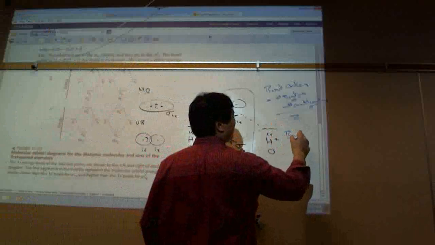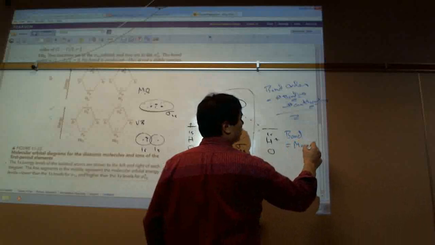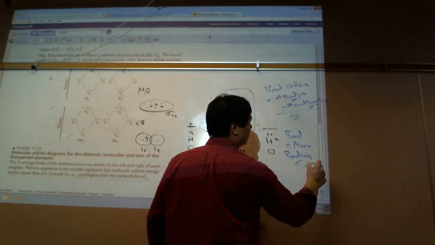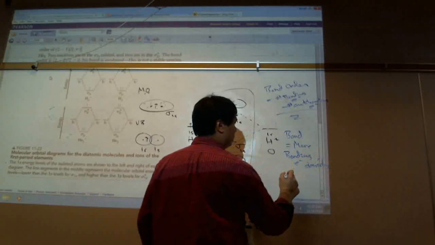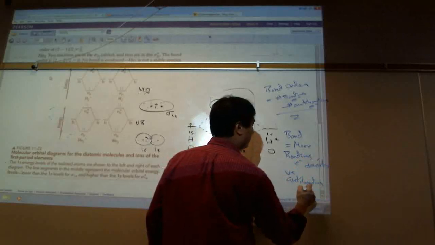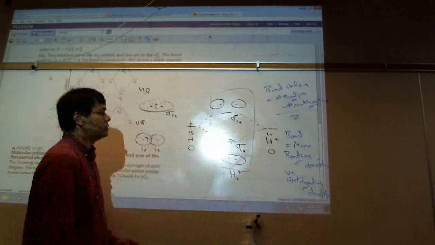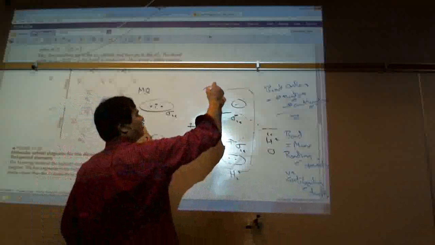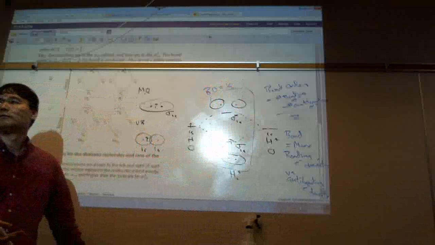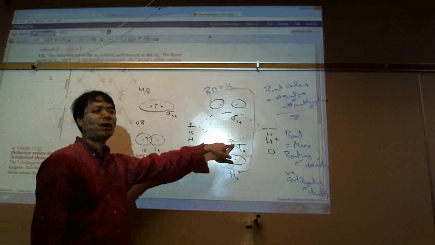A bond in MO theory equals more bonding electron density versus anti-bonding electron density. And so in this case, it turns out that the bond order, BO, is 1/2. We got one electron, so it's like half a bond, and so it should be weak. Versus hydrogen, the bond order would be 1. It's like a single bond.